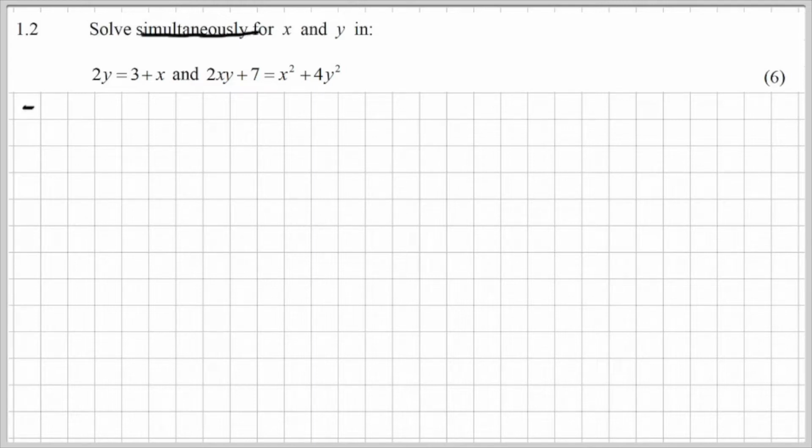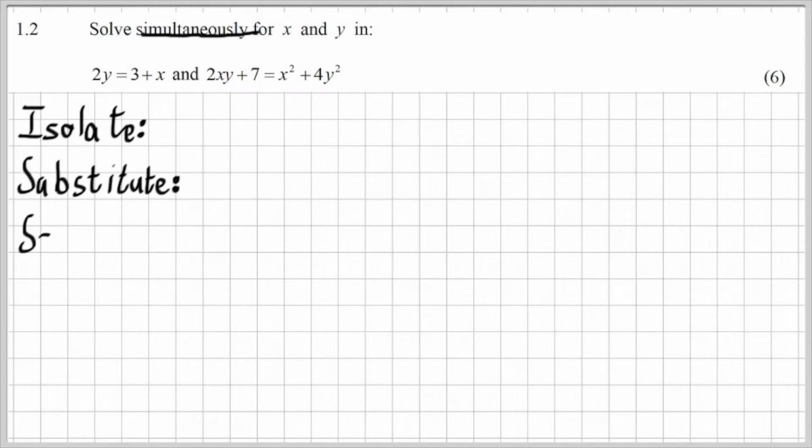So what are the basic steps of simultaneous equations? There are 4 basic steps: isolate, substitute, solve, and then substitute again. Those are my 4 basic steps. I know there are also simultaneous equations where you equate left and right or equate y's.